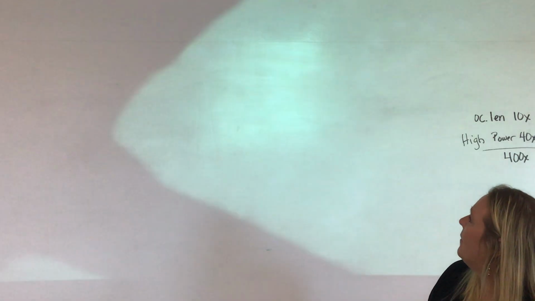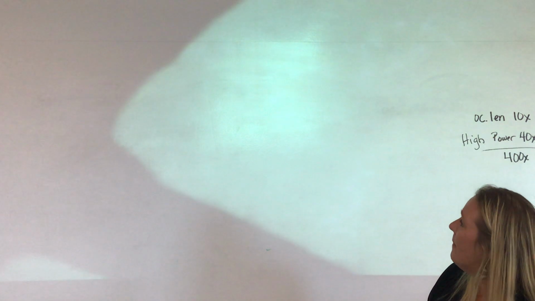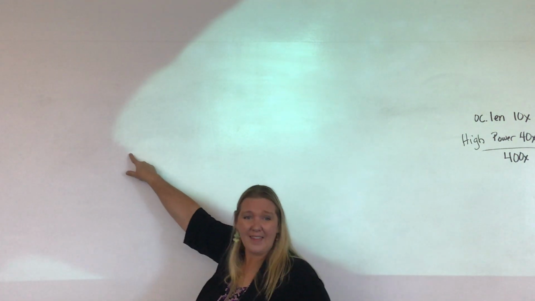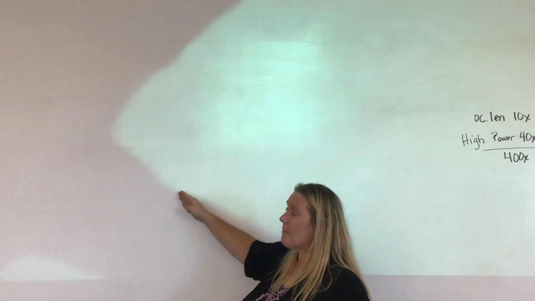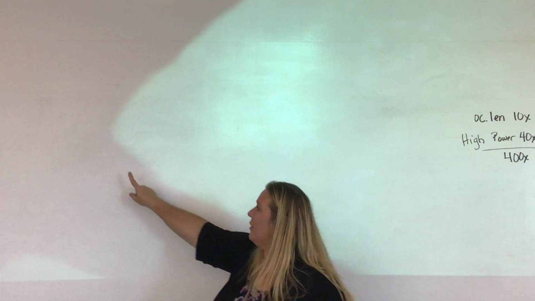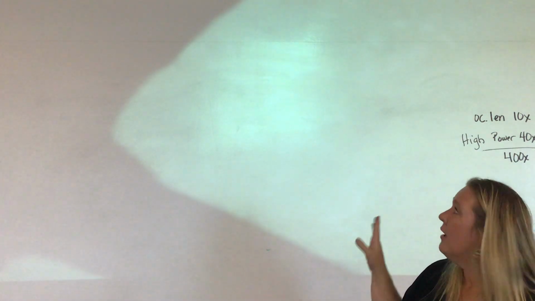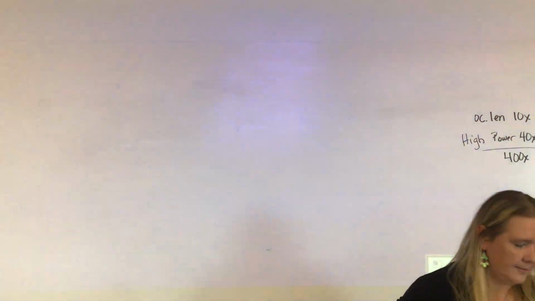Once we get there, we try to get a little bit of focus. We can see I'm going right past it, but we're going to have to try to see some detail. So if I want to say, is there something on the edge? Is there cilia? Is there microvilli? Is there something there? I would want to go on the highest power I could to see this edge, and that would be the high power, 400 times bigger.